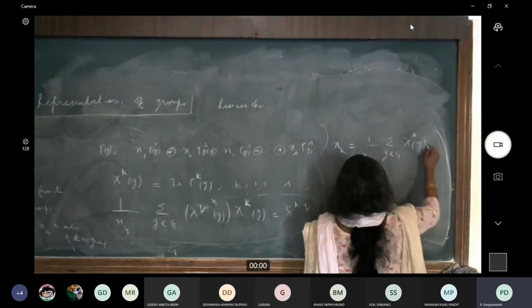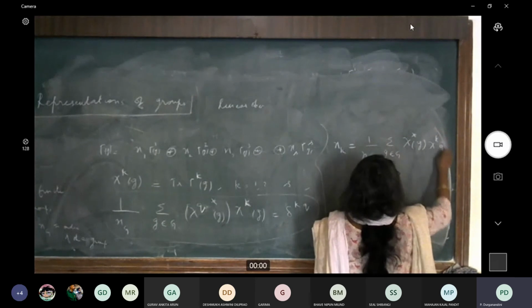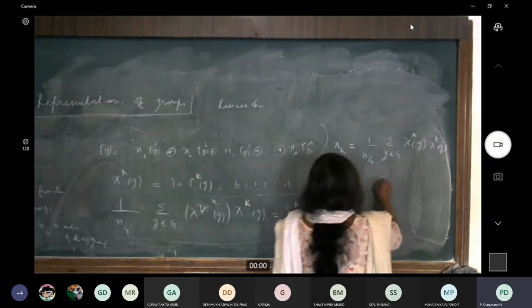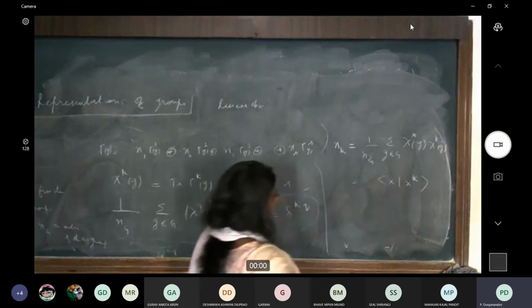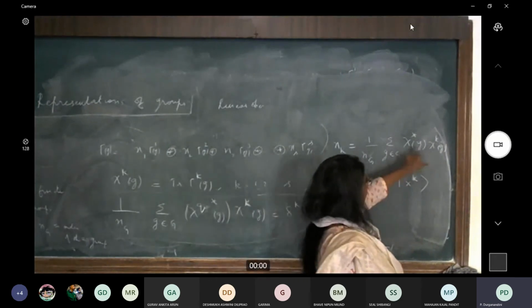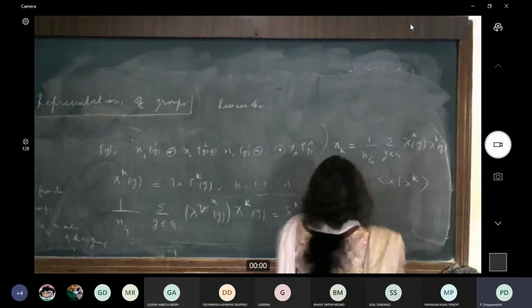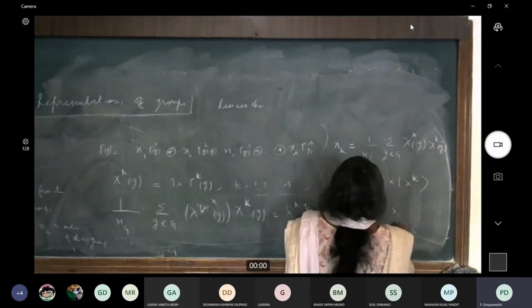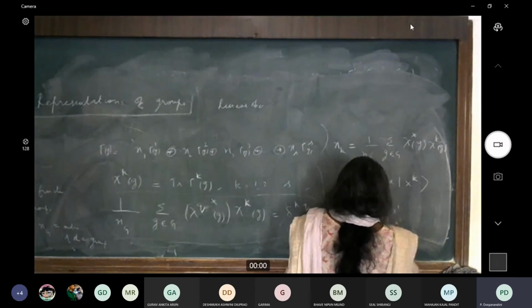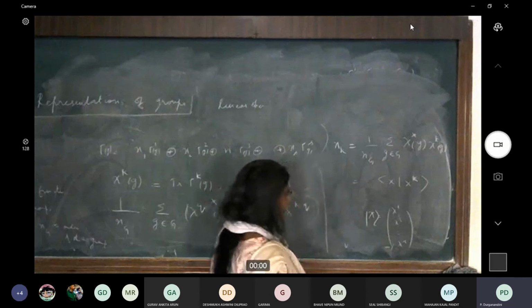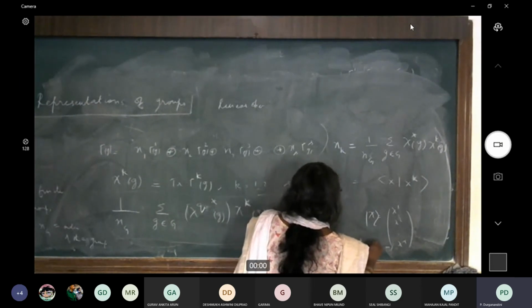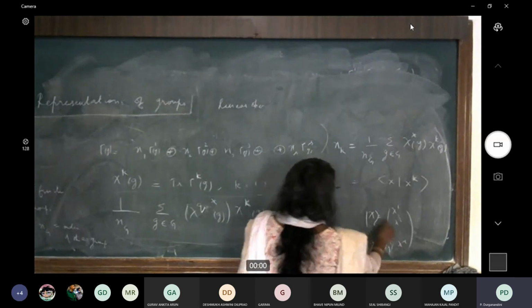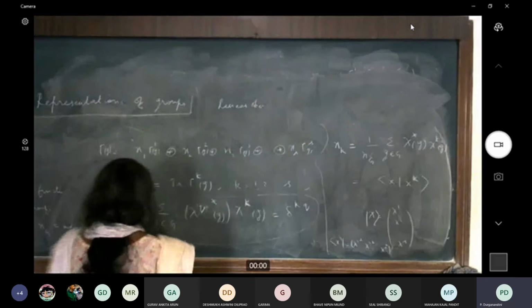It's like a projection of this onto that. Think of chi as an S-dimensional vector, chi 1 to chi S. So this is my chi, and the corresponding projection will be chi 1 star with chi. Here I'm also using the orthogonality.